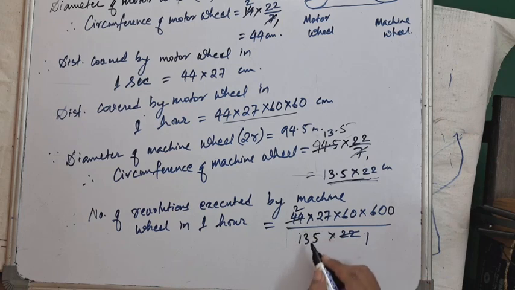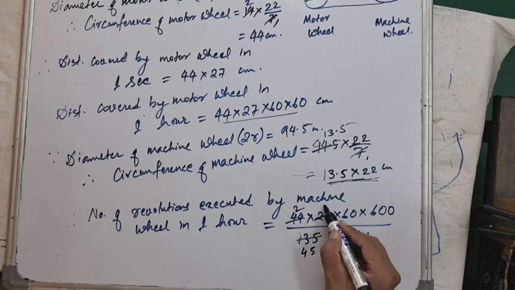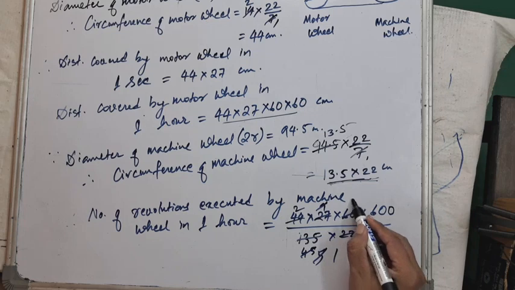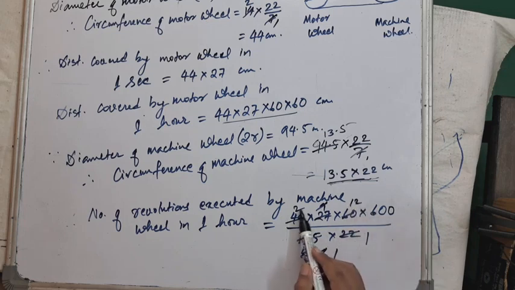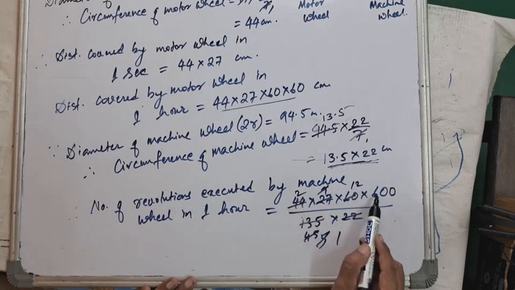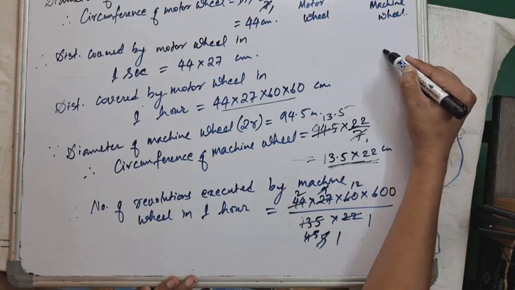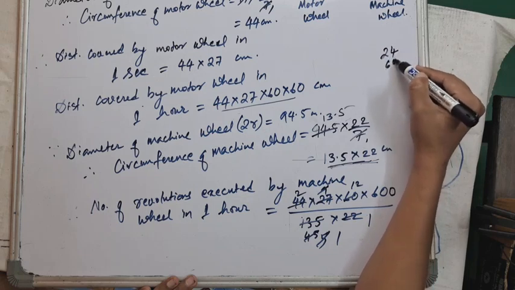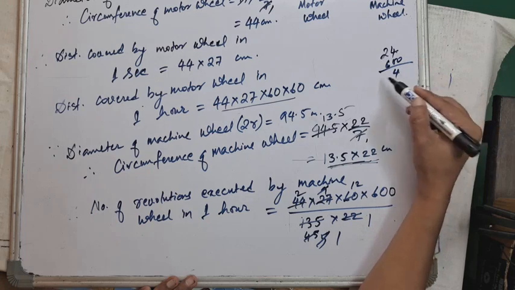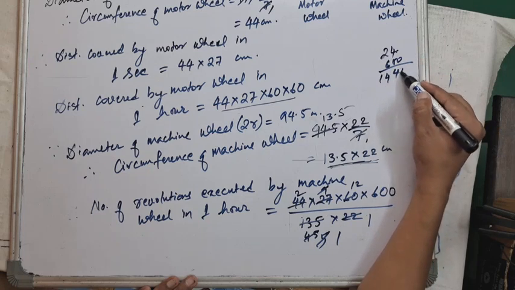So now let's cancel this. 3 4s are 12, 13, 3 5s are 15, 3 9s are 27. Now 9 1s are 9, 9 5s are 45, 5 1s are 5, 5 12s are 60. So we have 2 into 12 into 600. So 2 12s are 24, 24 into 600, isn't it? So 6 4s are 24, 6 2s are 12, 13, 14, and these 2 zeros we write here.